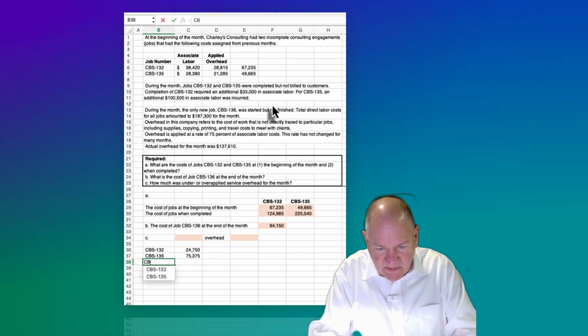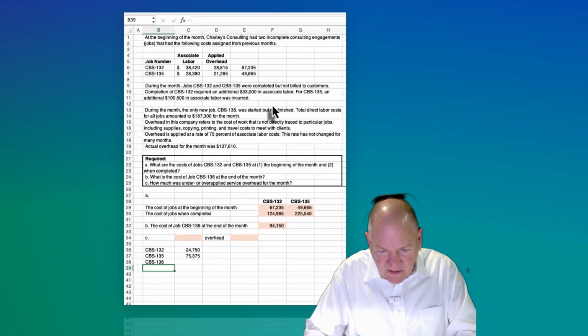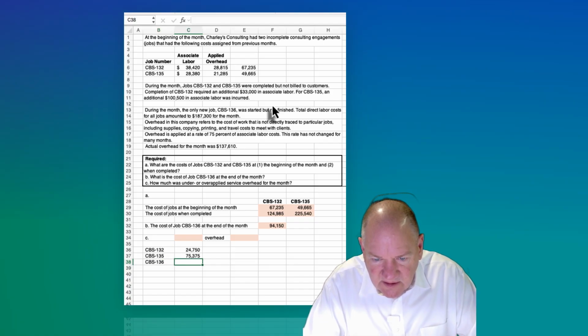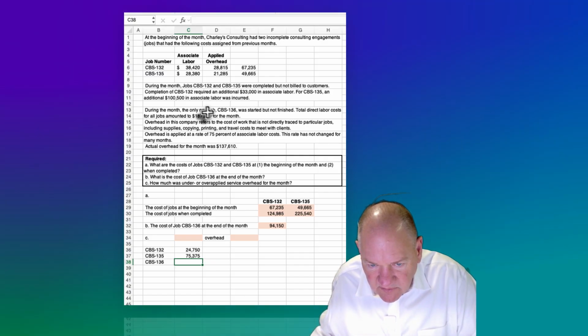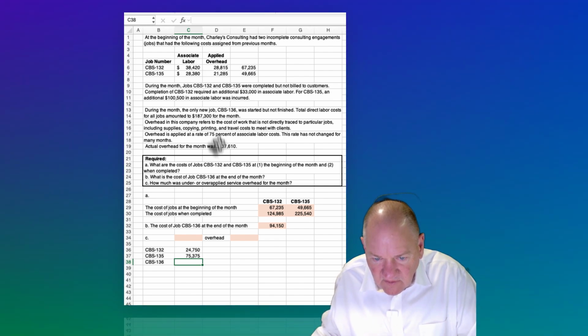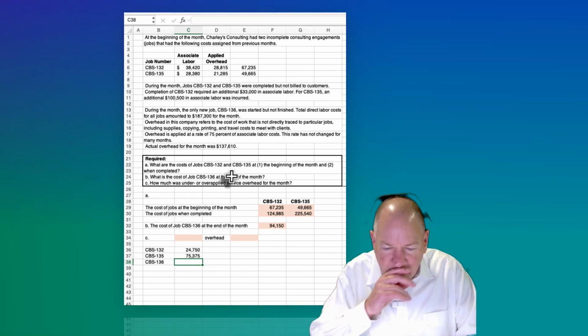Now let's look at job 136. We had the difference between the 187,300 and the 33,000 and 100,500. So let's just go ahead and do that calculation from scratch.